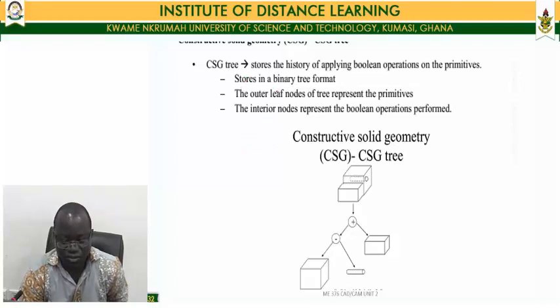Now, if we have this drawing model, and this model is eventually generated from this Boolean operation, it means we have this box here, and on this box we created a hole through it.